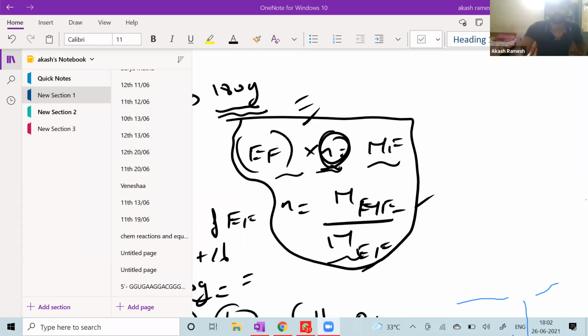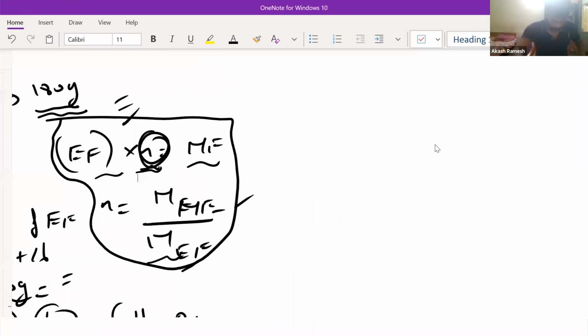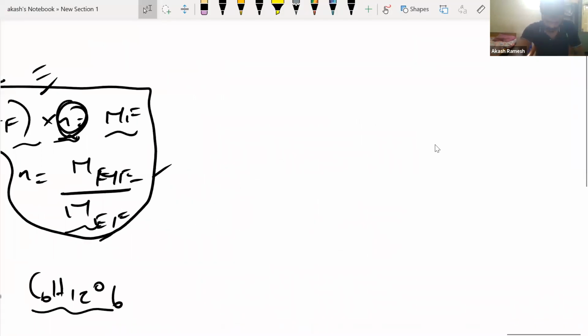Just for you to have a grasp, we'll not do a direct problem on empirical formula, but we'll do this problem. Please take note of the question. A compound of formula X2Y3 consists of 60% of X by weight.